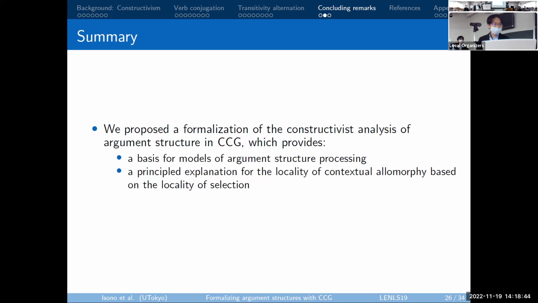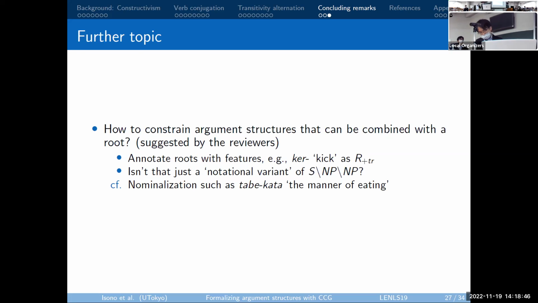Okay, there are many questions that are left, but one question that was raised by both of our reviewers is how to constrain argument structures that can be combined with a given root. This is particularly problematic when verbs that do not contain a transitive morpheme are considered.